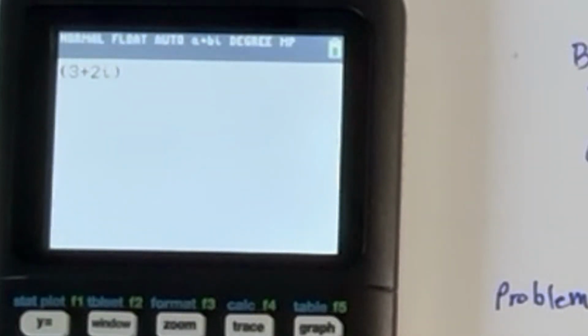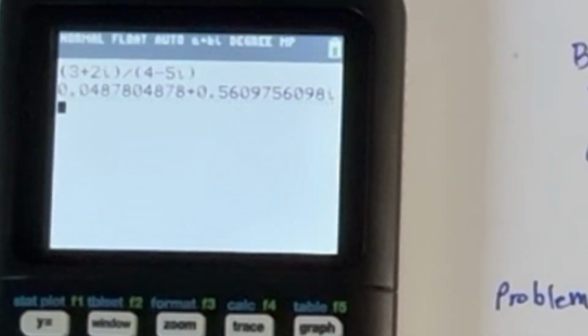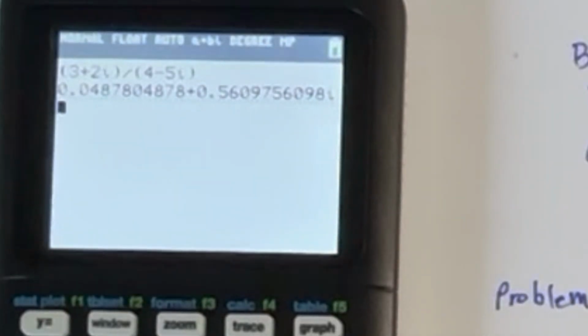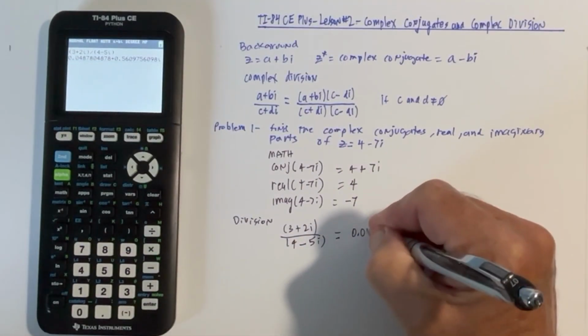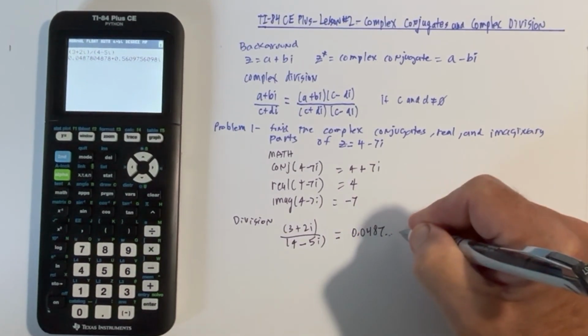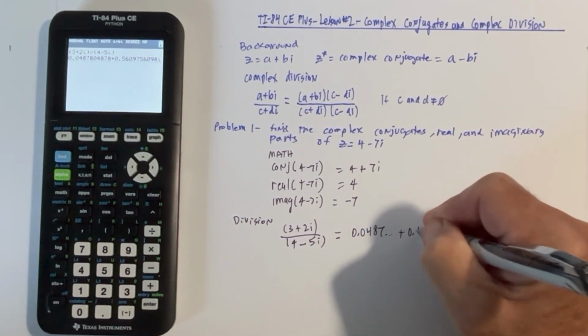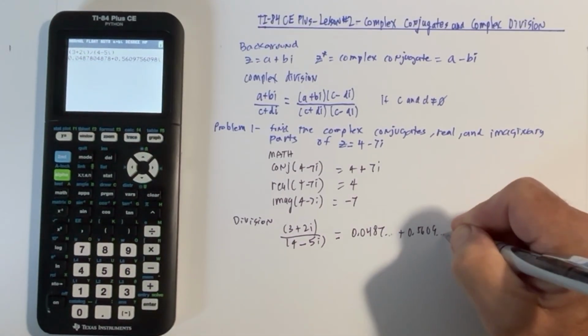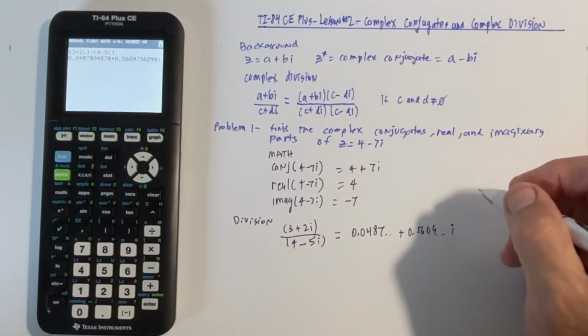Close the parentheses, divided by parentheses 4 - 5 second i. Close that, hit enter, and we're going to get a messy answer here: 0.0487, and so on, plus 0.5609, and so on, times i.